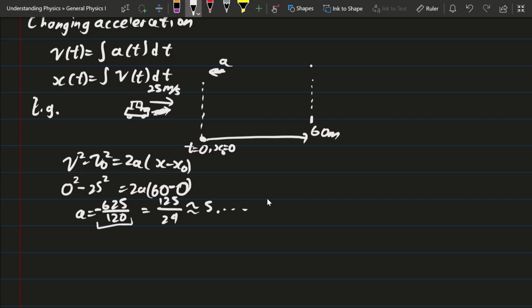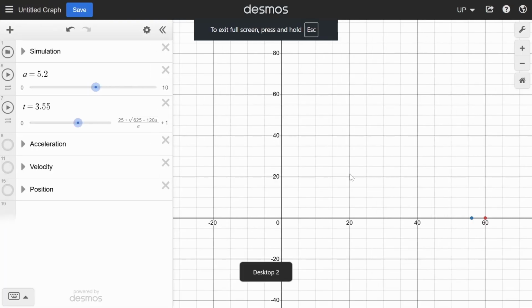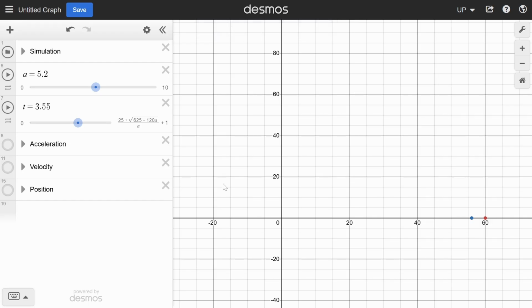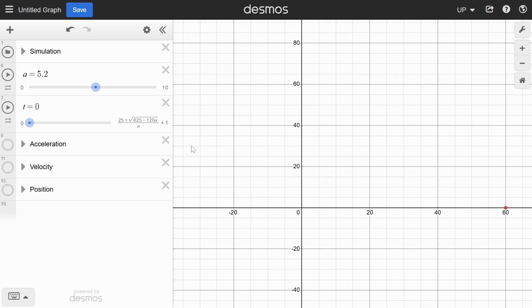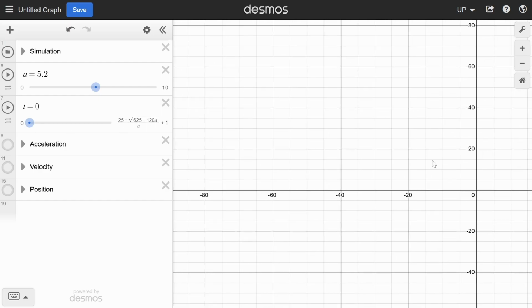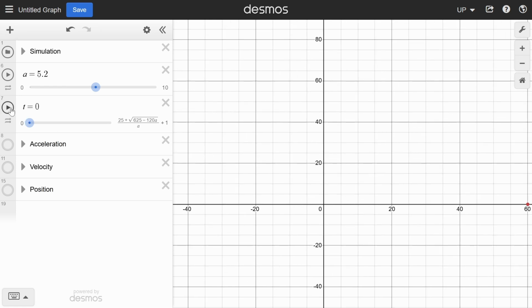And here I have already set up a Desmos simulation. Let's start from time all the way back, and say it will later hit this 0 point.